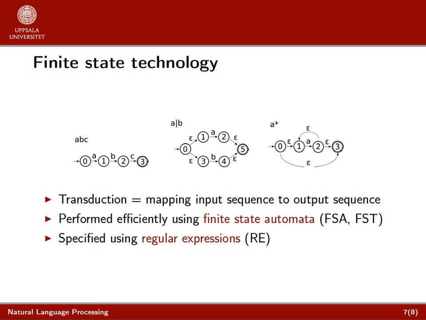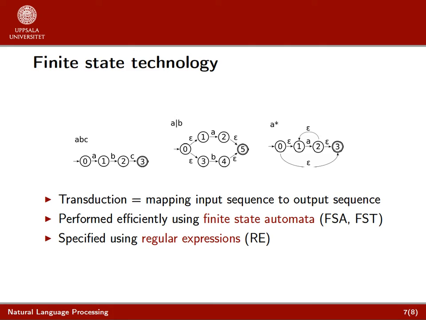Now, how do we actually perform these tasks computationally? It turns out that all of these tasks are cases of transduction, where we map one sequence to another sequence. It can be the case of mapping a sequence of characters to a sequence of tokens in tokenization, mapping a sequence of tokens to a different sequence of tokens in normalization, or mapping a sequence of tokens to a sequence of sentences in the case of sentence segmentation.